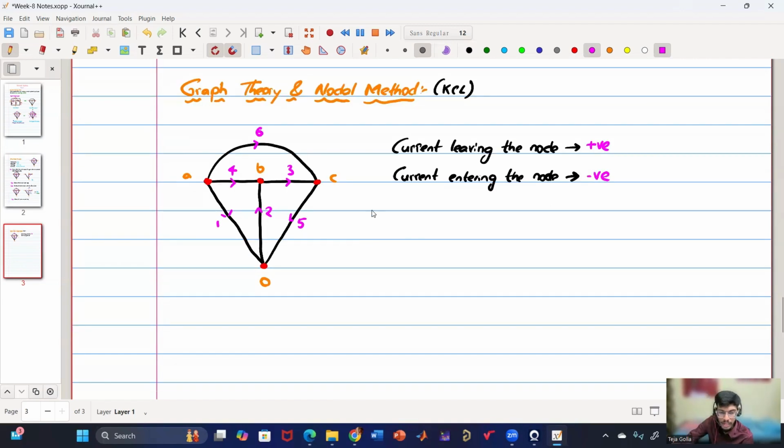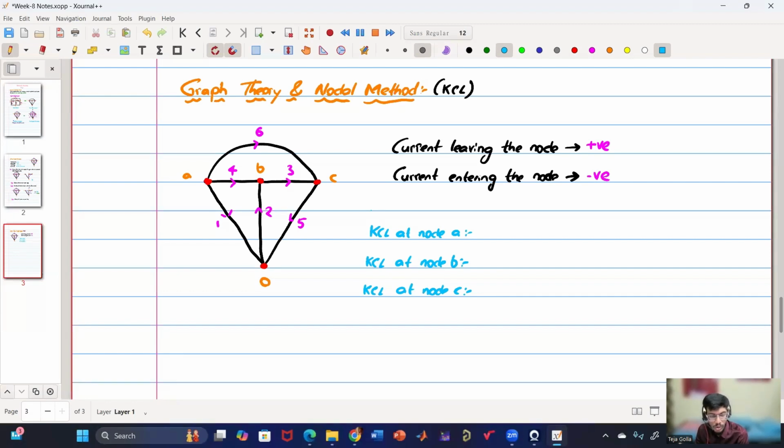Now let us apply KCL at node A. Can anyone tell me the equation following this convention? Current leaving is positive and current entering is negative.